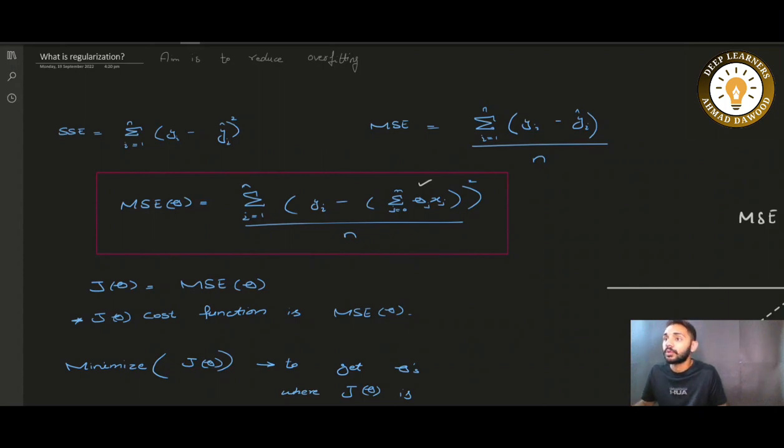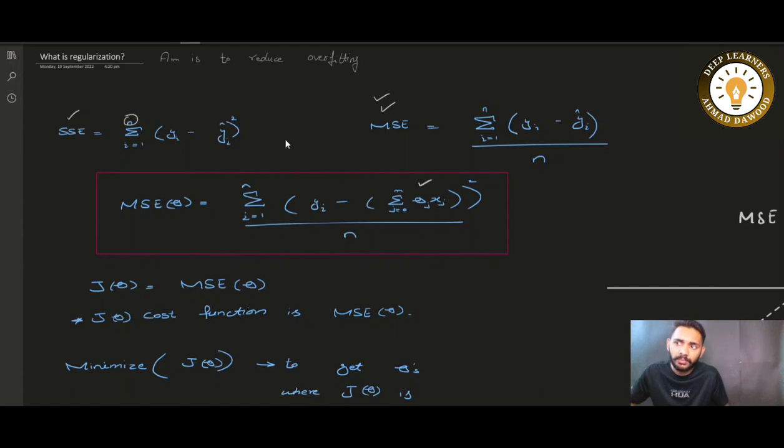Before starting regularization, I want to give you a recap of what mean square error is, and for what purpose we use it in the training phase. Here on the screen, sum of squared error and mean square error are generally the same; just divide the sum of squared error by the number of points to get the mean square error.